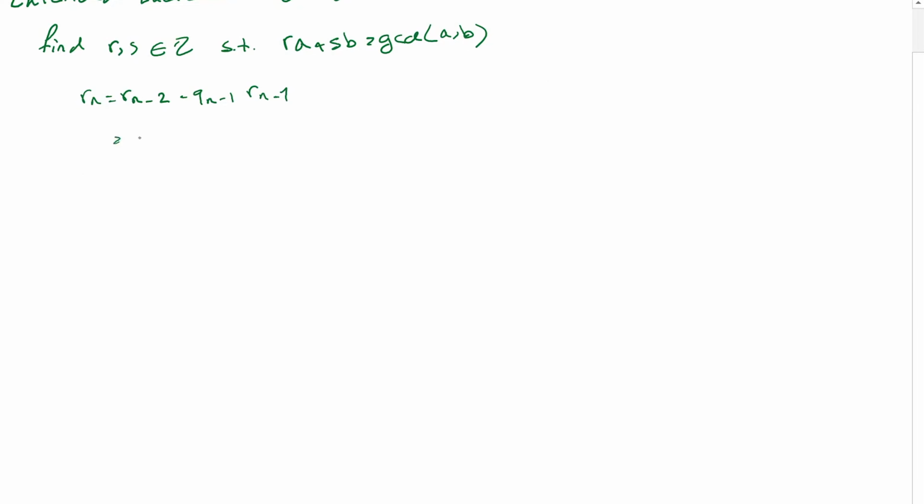And then you can write this one as Rn minus 2, and then we can do Qn minus 1, and then we go to Rn minus 2 minus Qn minus 2 times Rn minus 2, and all the way up, right? So we continue all the way until we get to some expression times A plus some expression times B. And these are going to be your R and S.